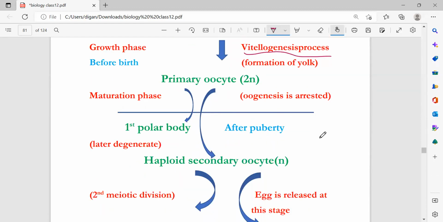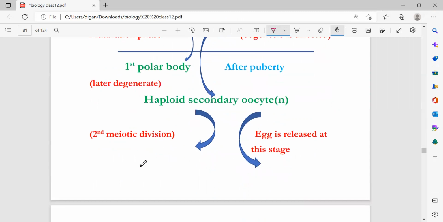Then after the birth, this baby takes birth. Then after puberty, the primary oocyte divides into two cells. One is called the primary polar body and the second is called the haploid secondary oocyte, and the chromosome number becomes half. The primary polar body later degenerates and the haploid secondary oocyte divides and undergoes the second division.